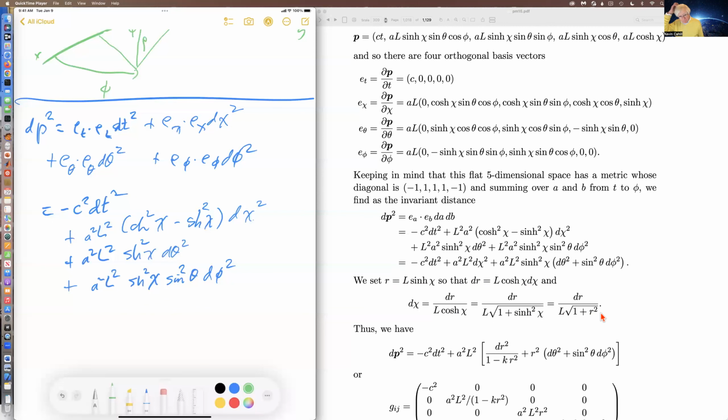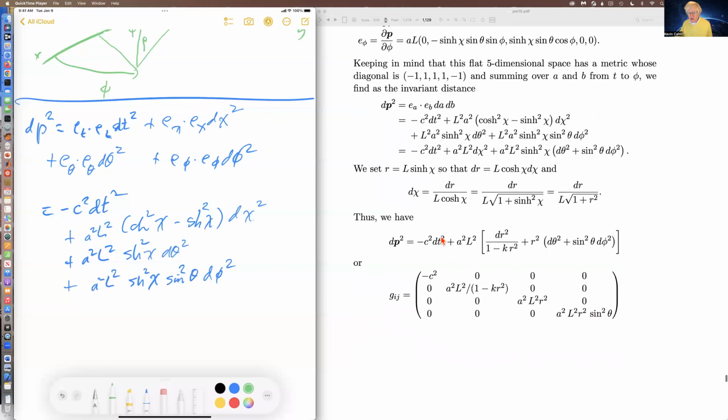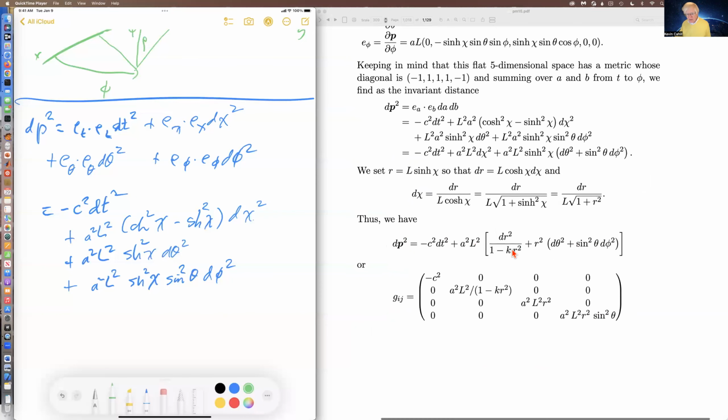The advantage of going from chi to r is that you get rid of these hyperbolic functions and you just have an r. So now the metric looks like this: ds squared is minus c squared dt squared plus a squared L squared dr squared over 1 minus k r squared, and then this expression here.